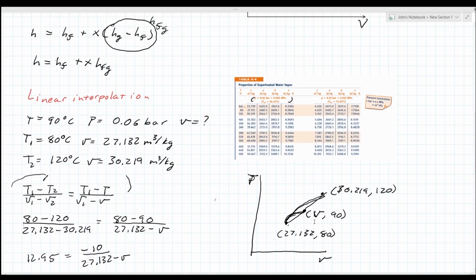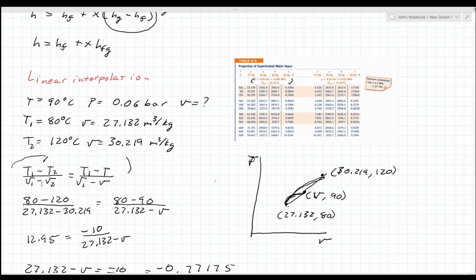For example, what if you had to find 90 degrees Celsius at 0.2 bar? Well, that's not on this table. So you'd have to do an interpolation for 80 degrees Celsius at 0.2 bar using this exact same method. So instead you'd have your specific volume at 80 degrees and 0.06 bar, your specific volume at 0.35 bar, and you have to find now your specific volume at 0.2 bar.